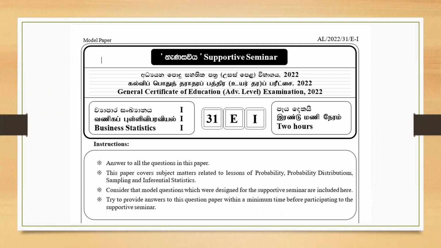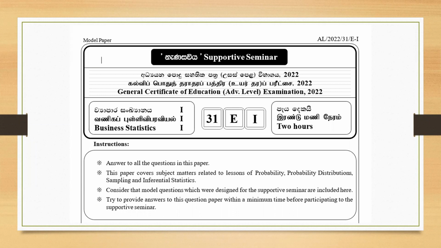If you are talking about the inferential statistics part, there are three main areas: sampling distributions, estimation, and hypothesis testing. My personal belief is if we have a good understanding of the concepts of sampling, sampling distribution, estimation, as well as hypothesis testing, the MCQ paper is not as difficult as most of the students think.